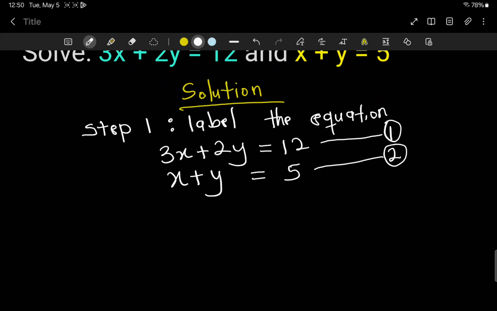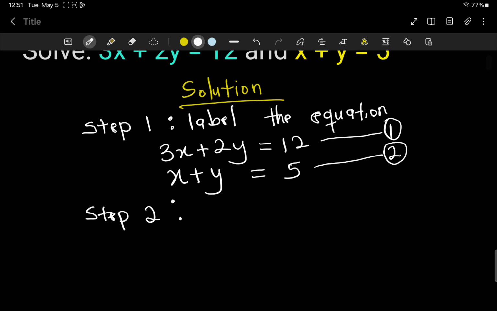here. So for us to use the elimination method, we go to step 2. Okay, step 2. Now what do we do here? We will eliminate one variable by multiplying one of the equations.